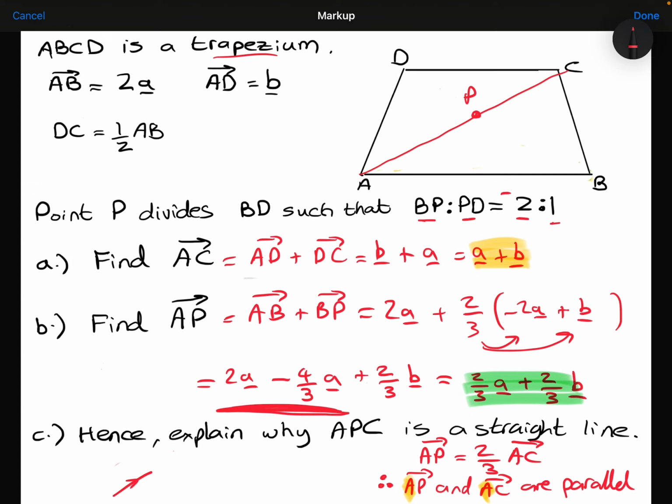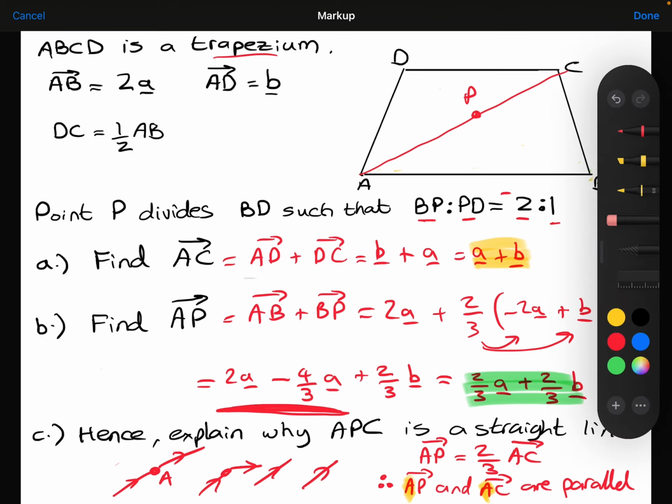If I've got two vectors that both go through a point A, and those vectors are parallel in the same direction, then it must be a straight line. There's no way it can't be. It's not like I've got two parallel vectors that don't go through the same point. It's not like I've got two vectors that go through a point that aren't parallel and don't make a straight line.